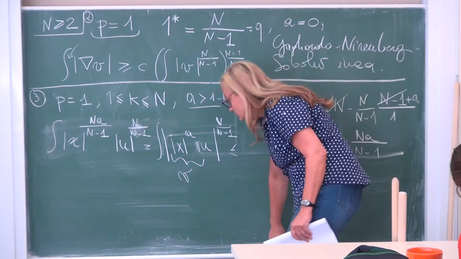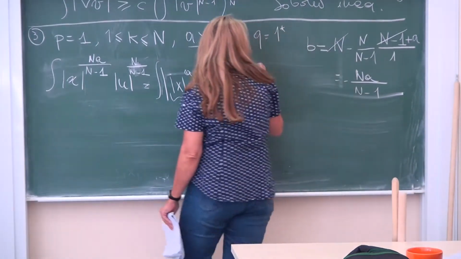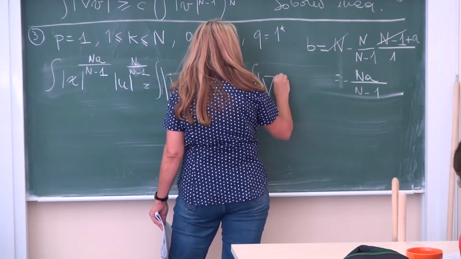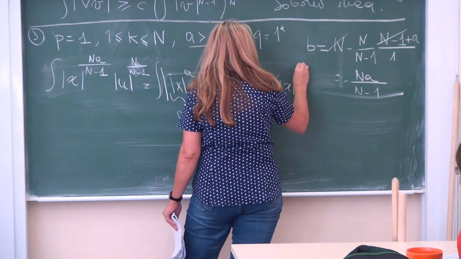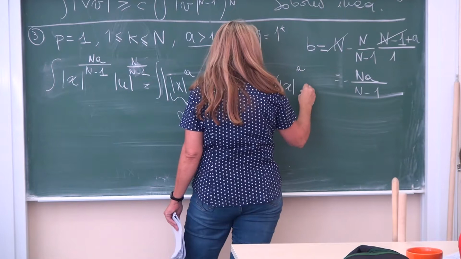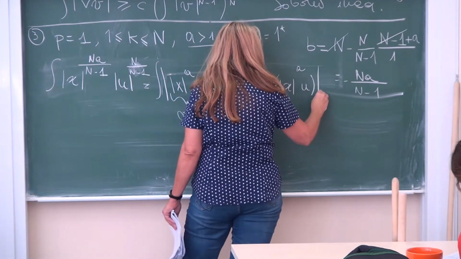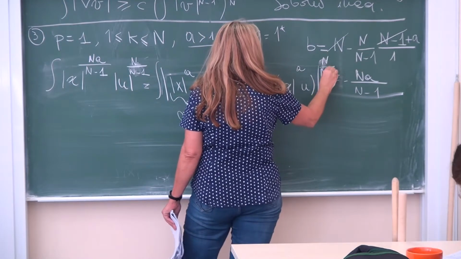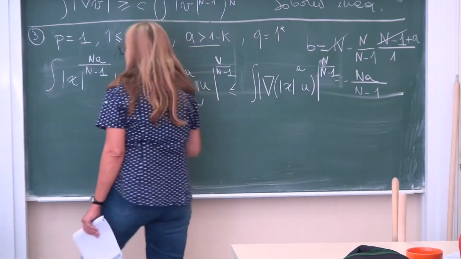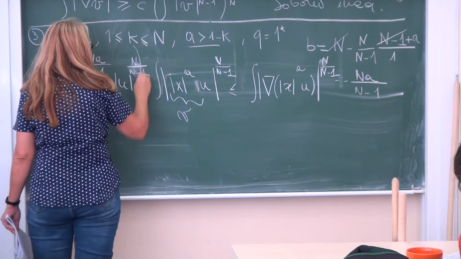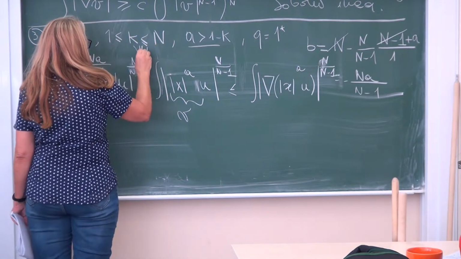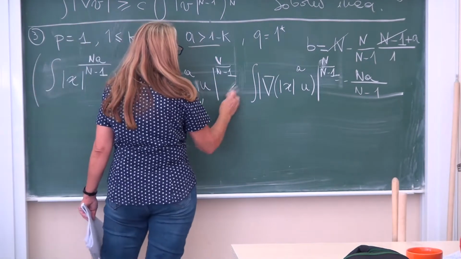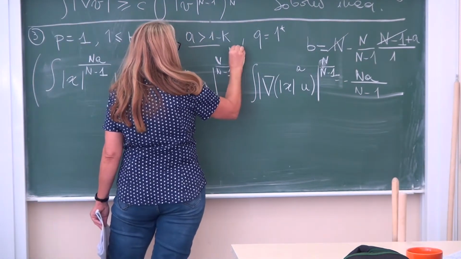and this is going to be smaller or equal than the integral of the gradient x to the a u to the power n over n minus 1, of course with some power n minus 1 over n, otherwise it is false, of course.